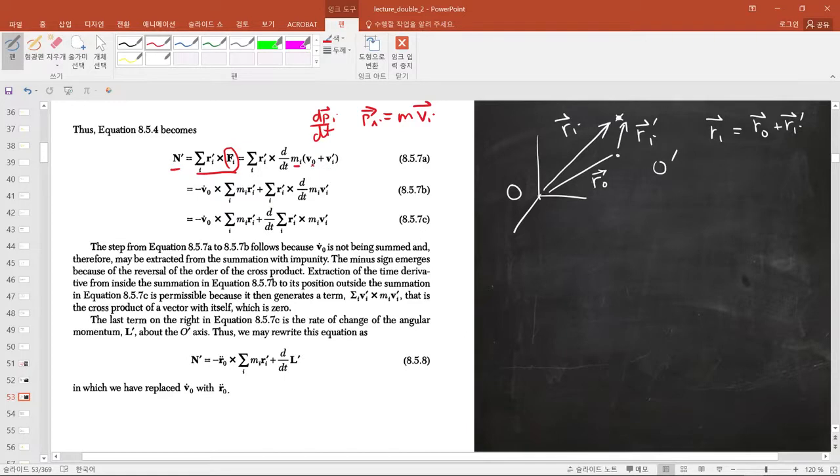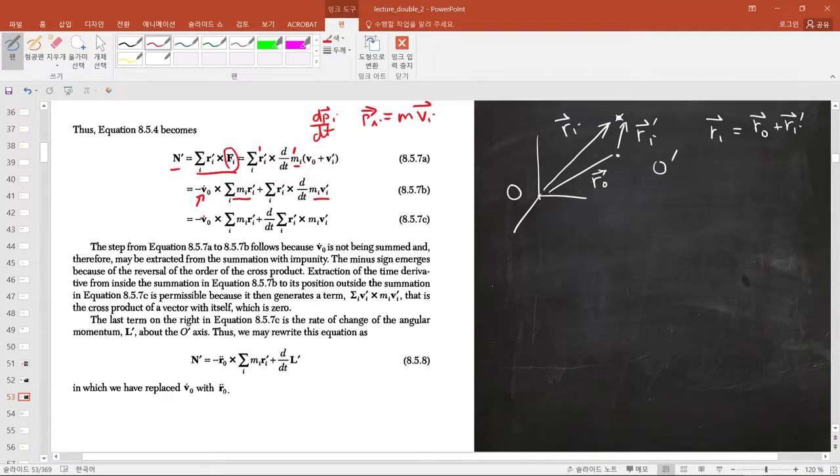Okay, so remember v0 is not a constant. This point can accelerate. Okay, and then in the first term you have minus, the cross product, change it to minus v0 times m Ri prime, and the second one was Ri prime times m dvi prime over dt.